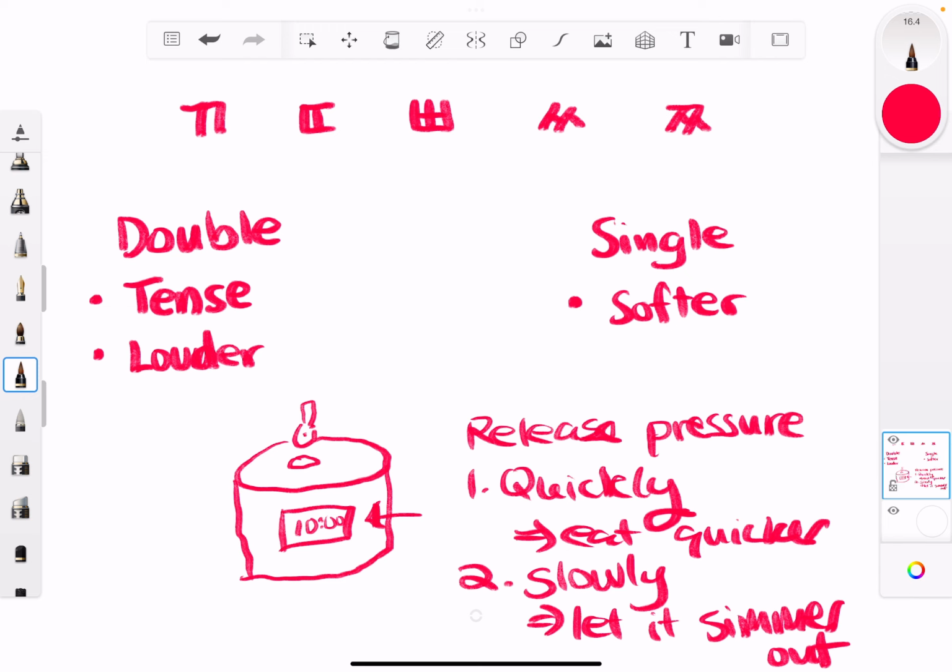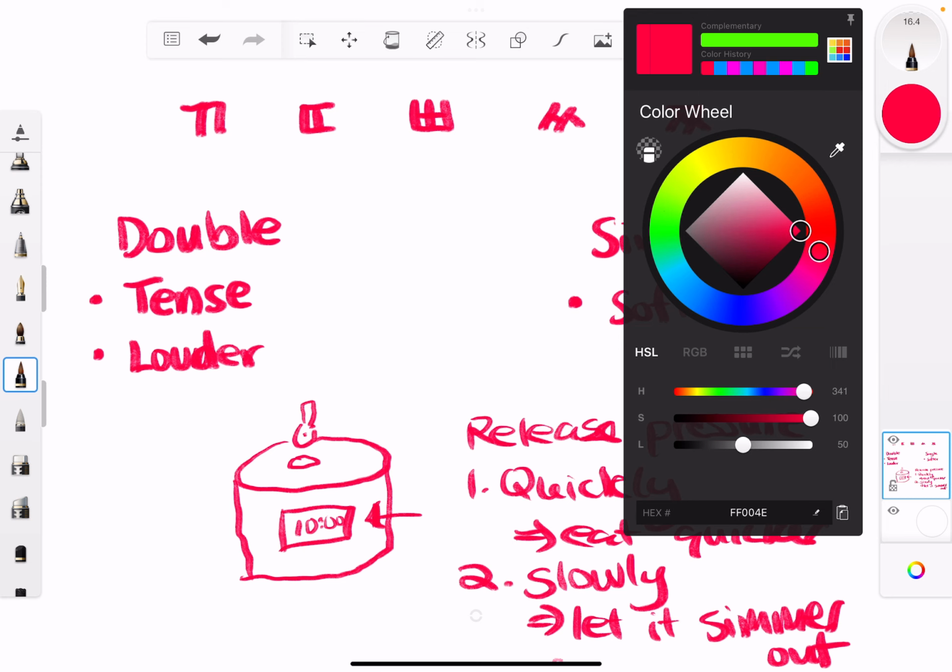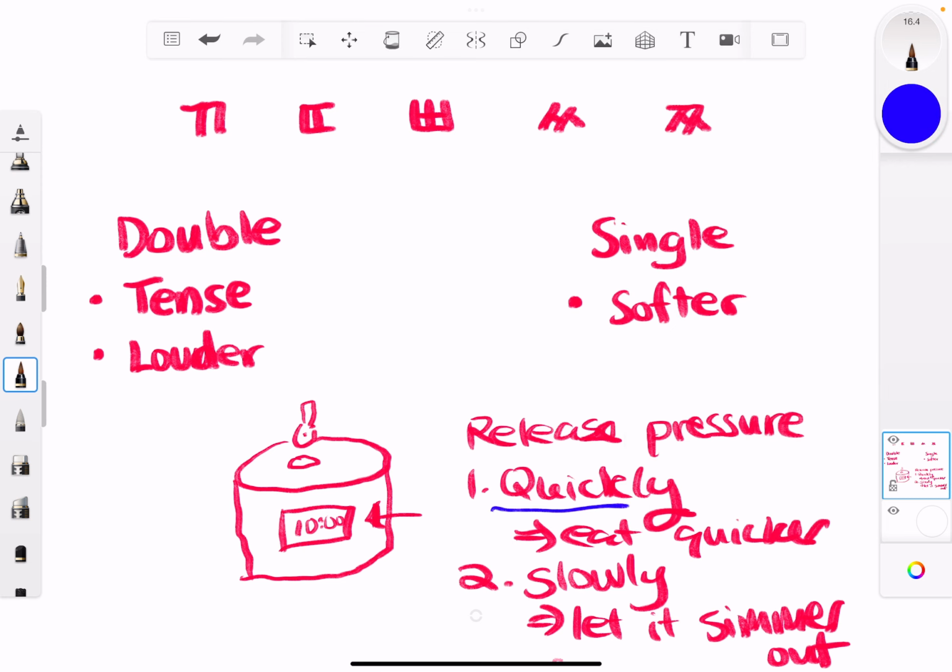If you want to release the pressure quickly, you touch the knob and knock it over so that it starts releasing air like that. But if you don't want to do that, you just leave the knob as it is and you release air slowly. I mentioned that because releasing air quickly is like double consonants, and releasing air slowly is like a single consonant. So let's go over what that means.